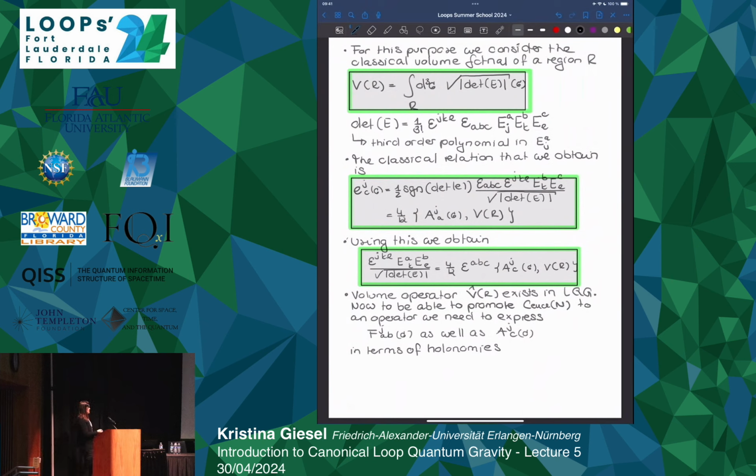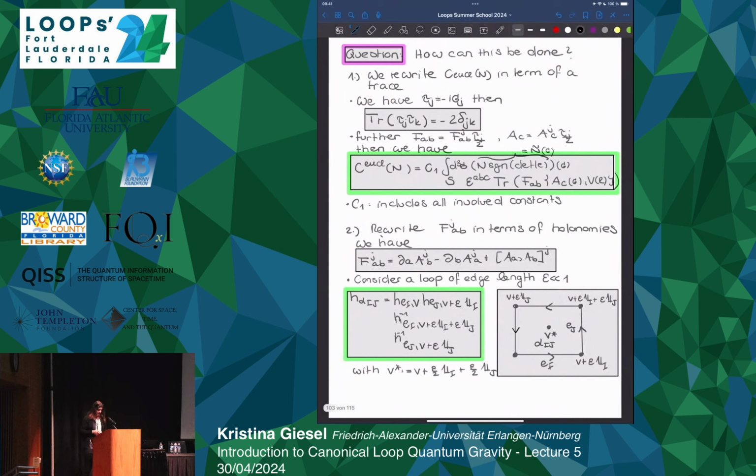And then secondly, we also have to rewrite this Poisson bracket in such a way that we can describe the volume in terms of fluxes, which we can promote to operators, and also the connection in terms of holonomies. So let's do that. So that's the question, how can this be done?